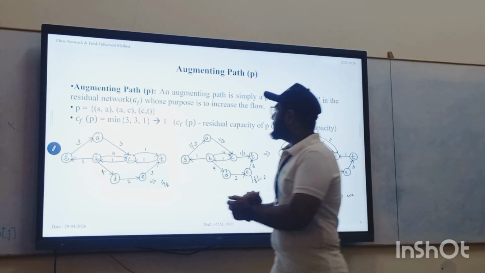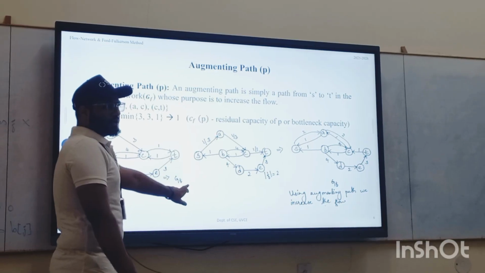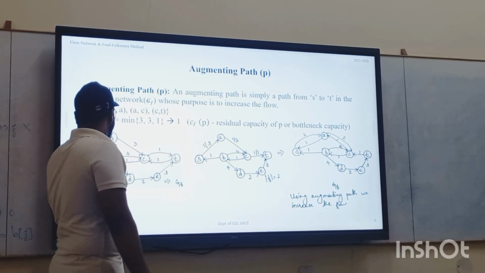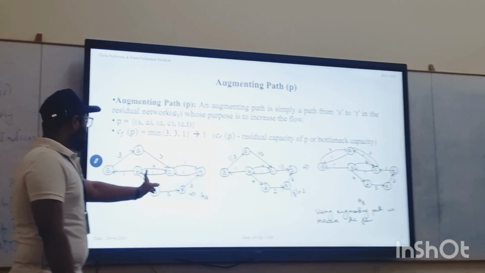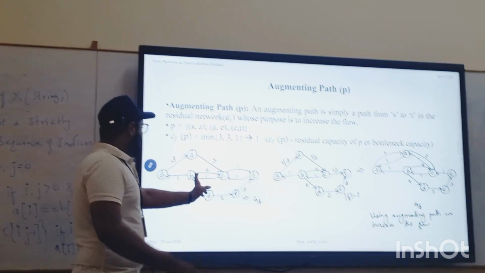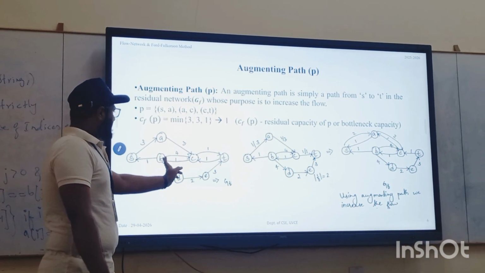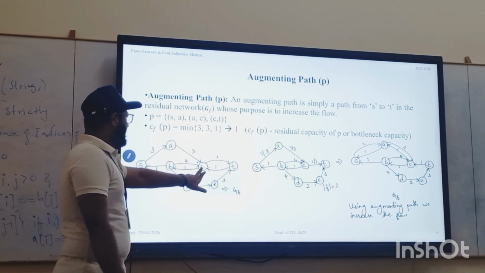So here is one of the examples. This G of f is the residual network. We learned about the residual network or residual graph, which we constructed in the last lesson. We know the two conditions for the residual network. One is that we considered a value 5. Based on the residual network, we considered one more path, because here we had 5.